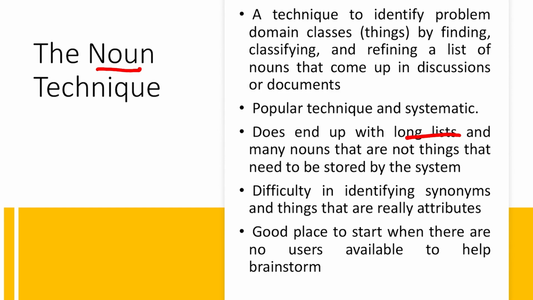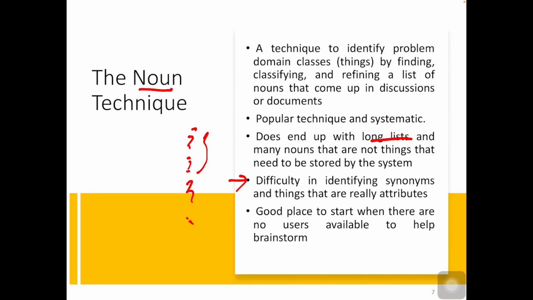When using the noun technique, we tend to list all or too many nouns, and some of these nouns might not be related to the system. It leads to difficulty in identifying synonyms and things that are really attributes. However, it is a good place to start when there are no users available to help during brainstorming.